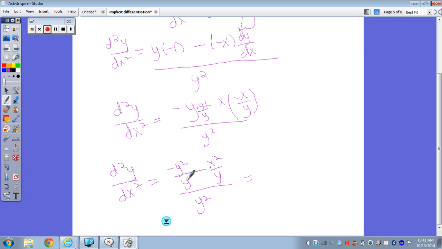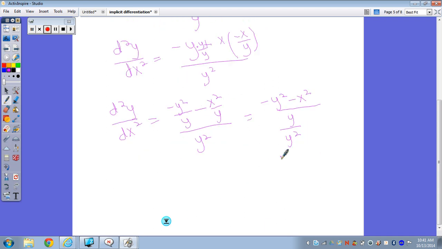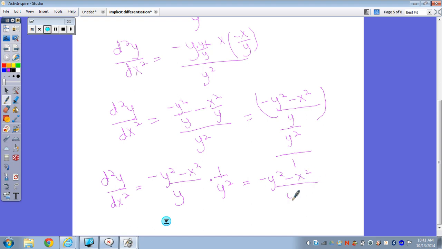And then if I add my fractions now, I would get negative y squared minus x squared over y, all over y squared, and then to multiply by the reciprocal, we put this over 1 because these stay together as a unit. So the second derivative would be negative y squared minus x squared all over y times 1 over y squared, which gives us negative y squared minus x squared over y cubed.